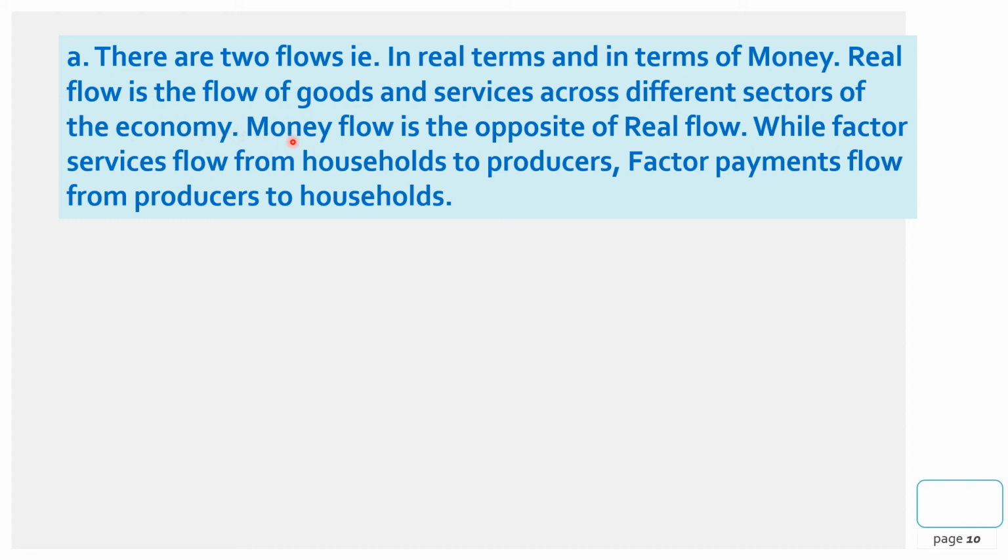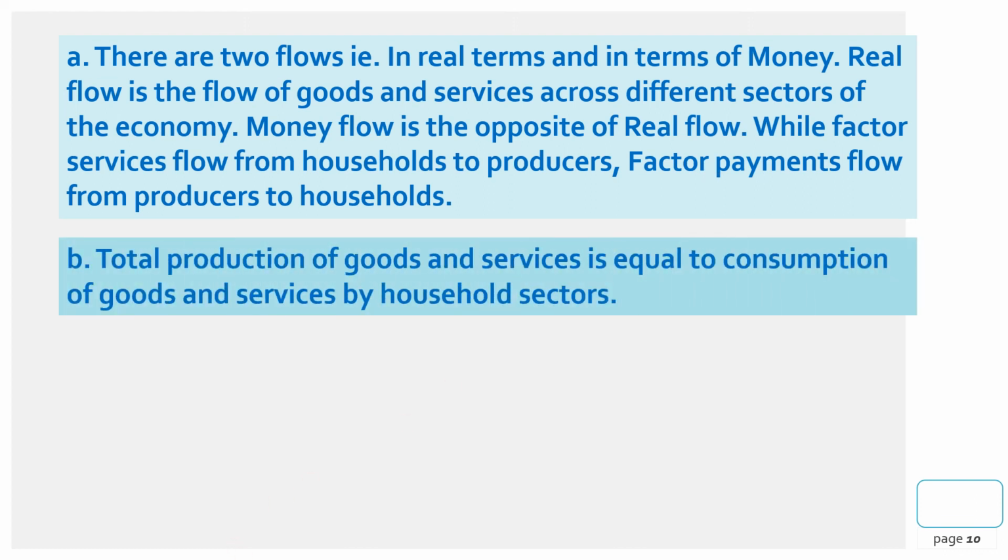Well, money flow, on the other hand, is the opposite of real flow. While factor services flow from households to producers, factor payments flow from producers to households. So here we see that there is an exchange in terms of money. So that comes under the money flow.